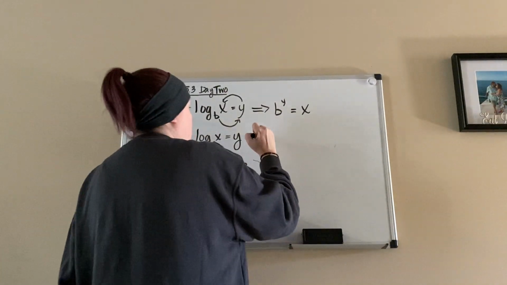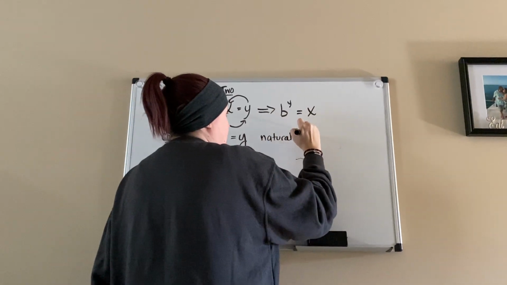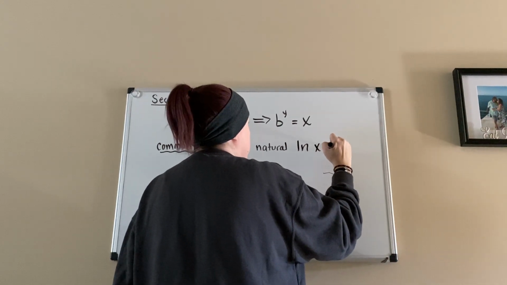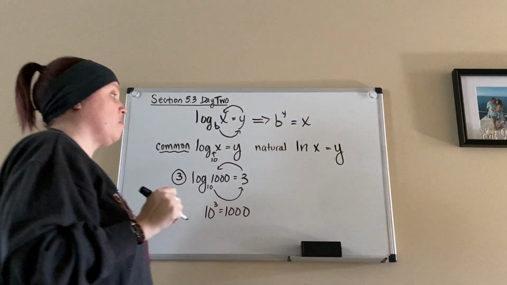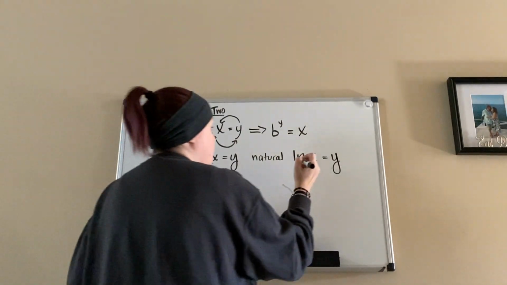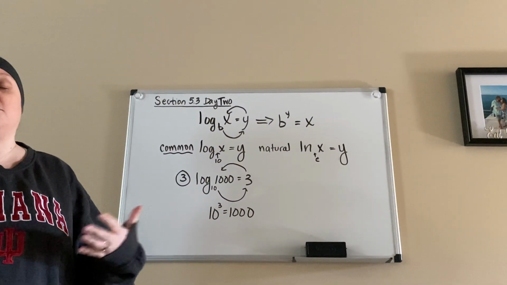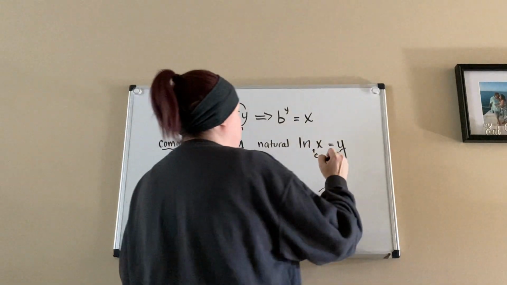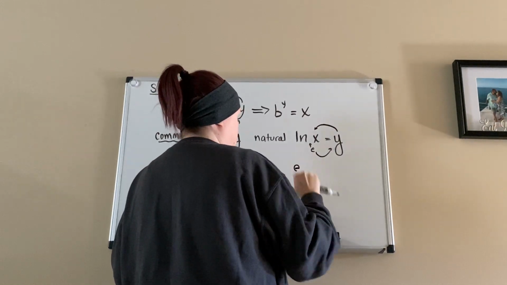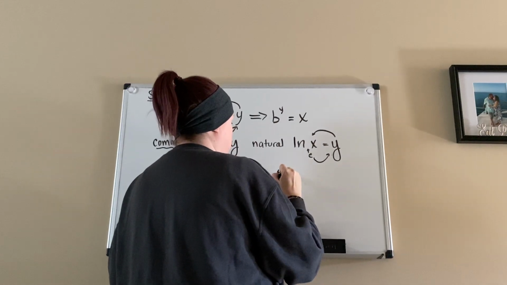Now the second type of log, we call it the natural log, and it is ln of x equals y. It has a little invisible number as well, and its invisible number is e, just like we've been using e on our calculators lately. I would still read around the circle.